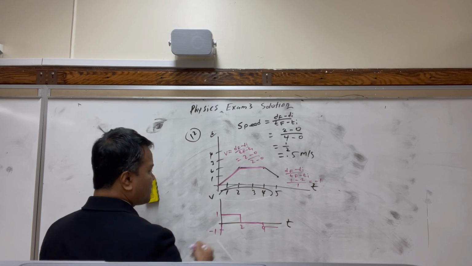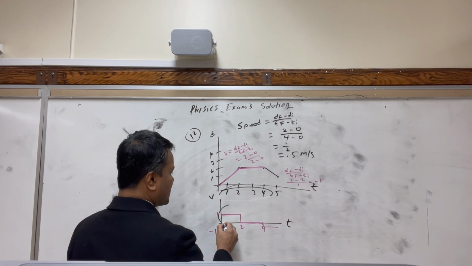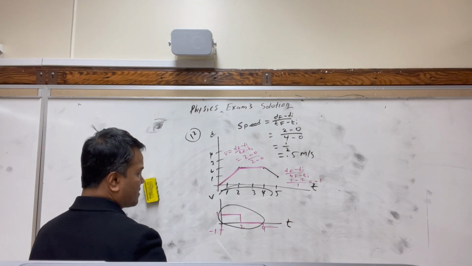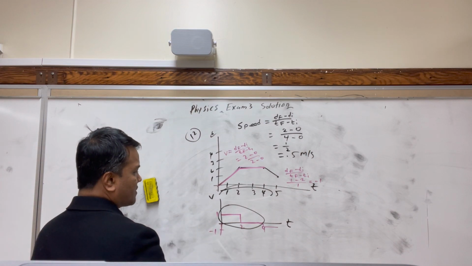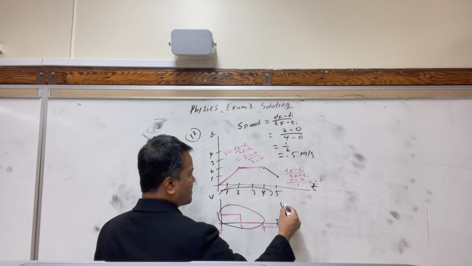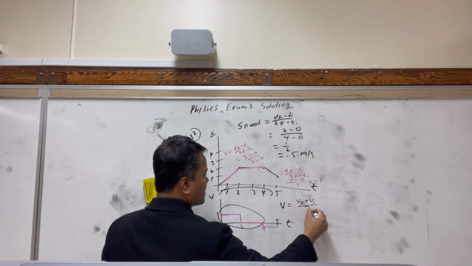So we don't need this part because we want to find the average velocity or average speed for the first 4 seconds. This is 5 seconds. So we don't need to go beyond 4 seconds. So average velocity is vf plus vi divided by 2.